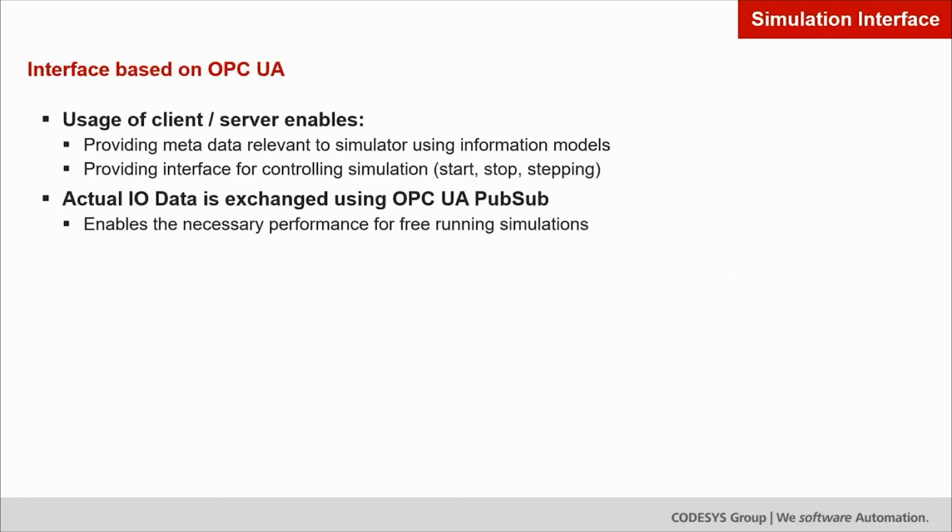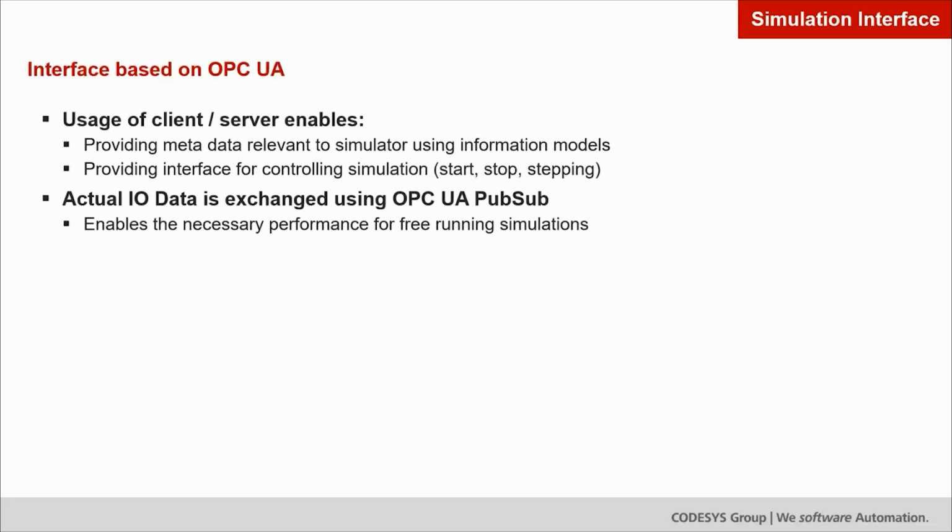So we checked potential solutions for the communication protocol or interface itself, and decided to base this new interface on OPC UA. There seems to be no other standard interface on the market available so far, so all existing solutions are proprietary to certain vendors. Basing this on OPC UA has the following advantages.